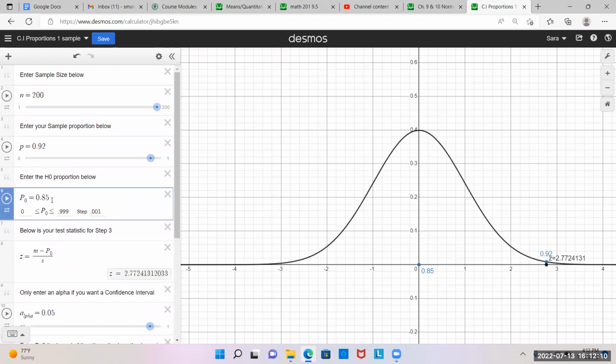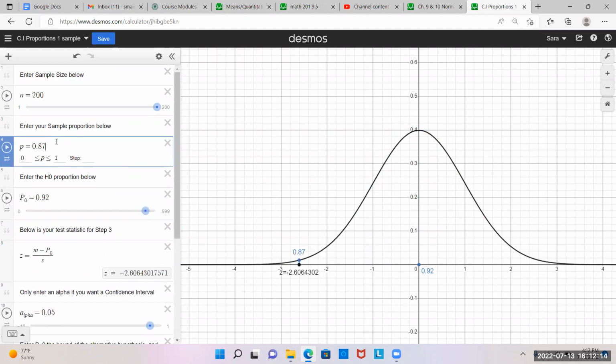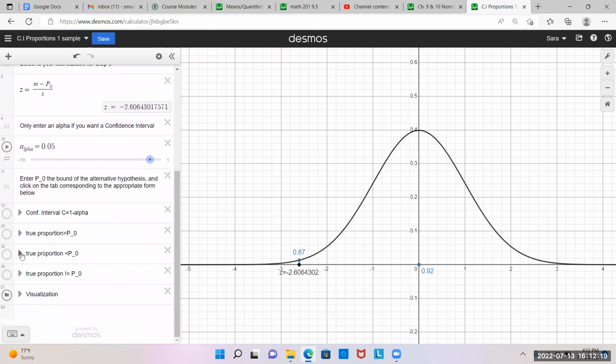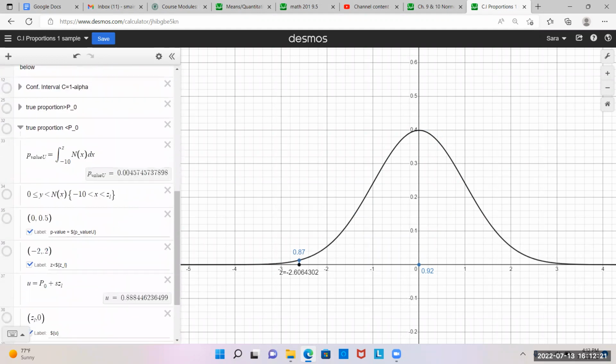Whoops, this is actually a 0.92, and this is the 0.87. And we are less than, and so our p-value is 0.00457.